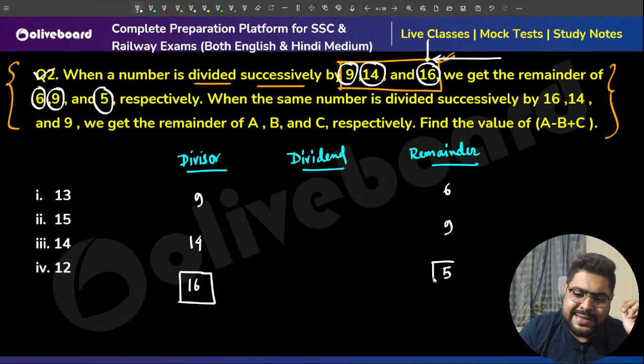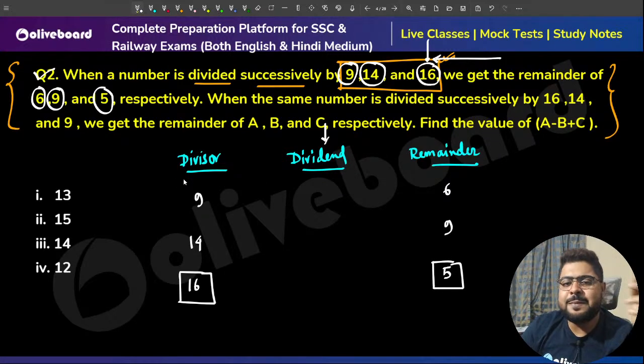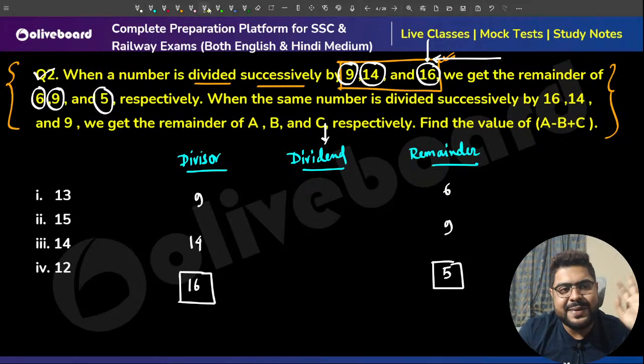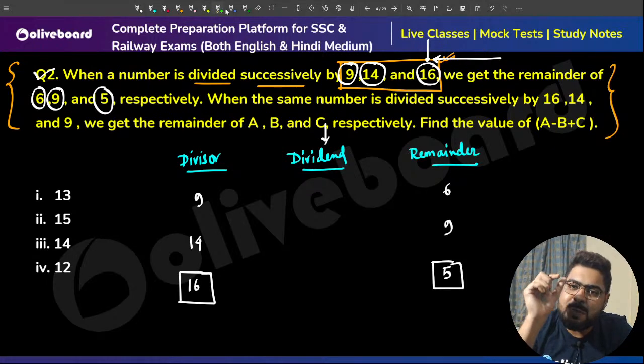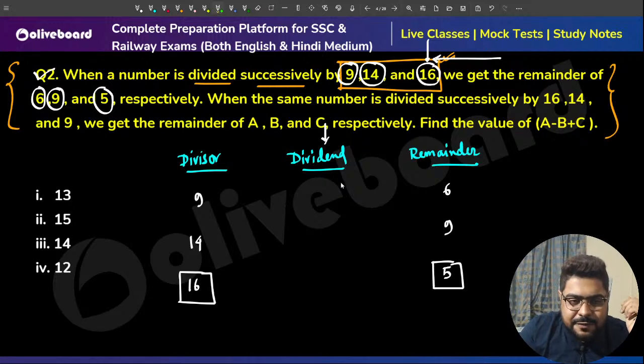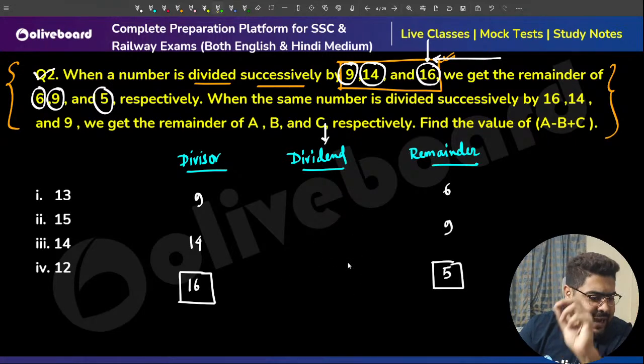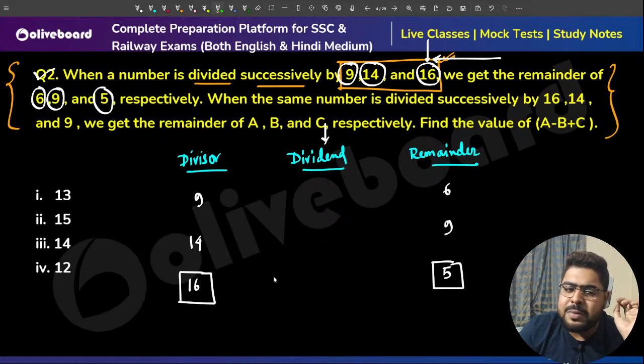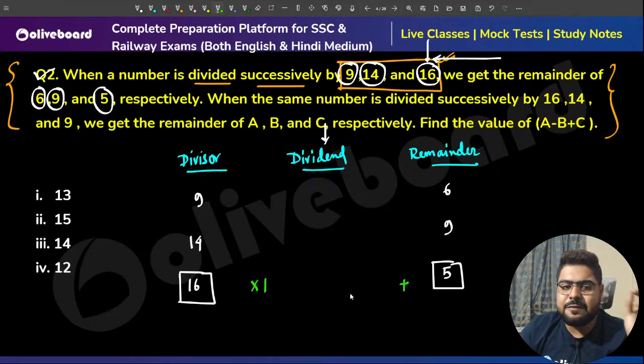Simply say, dividend is what? Divisor into quotient plus the remainder. Now, what is the smallest quotient that we can take? Definitely 1. So you multiply this with 1 and add this 5 to get to your dividend.